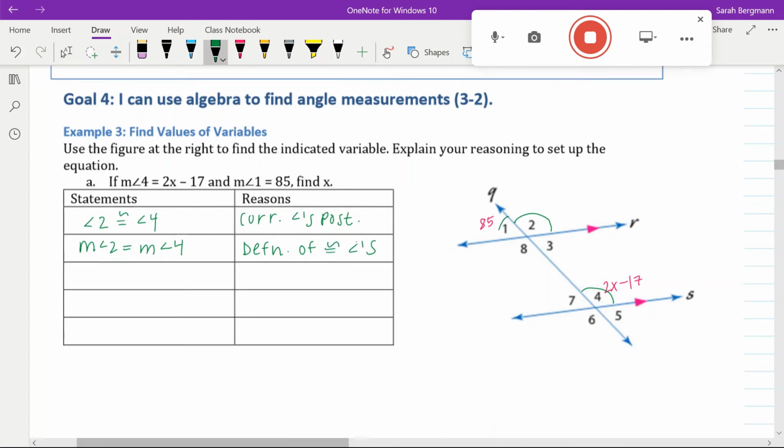Now I also know that angle 1 and angle 2 form a linear pair. Therefore, they must be supplementary. So I know the measure of angle 1 plus the measure of angle 2 has to be equal to 180. That's the linear pair theorem and also the definition of supplementary.